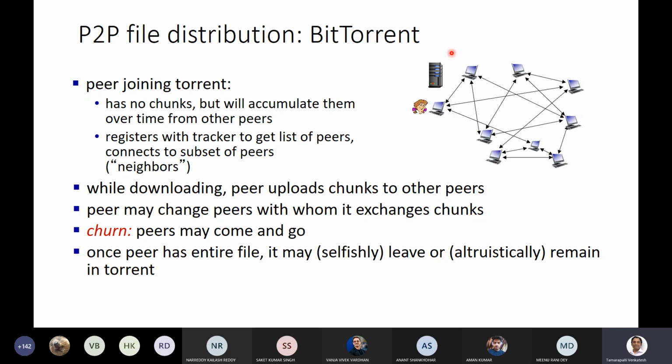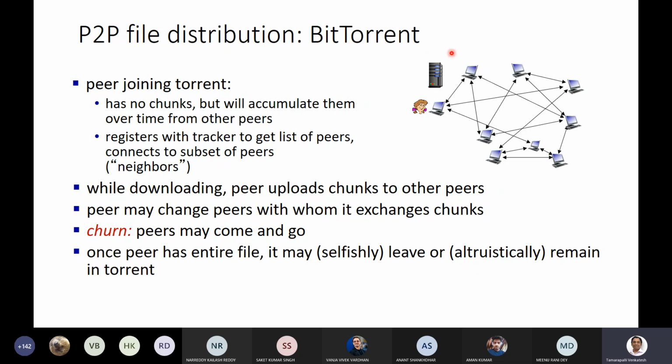So it registers with the tracker to get a list of peers, connects to a subset of the peers which are called neighbors in the peer-to-peer architecture. And then when you start downloading these chunks, you also upload these chunks to other peers. And a peer may change peers with whom it exchanges the chunks based on the bandwidth or the download rate that it is getting.